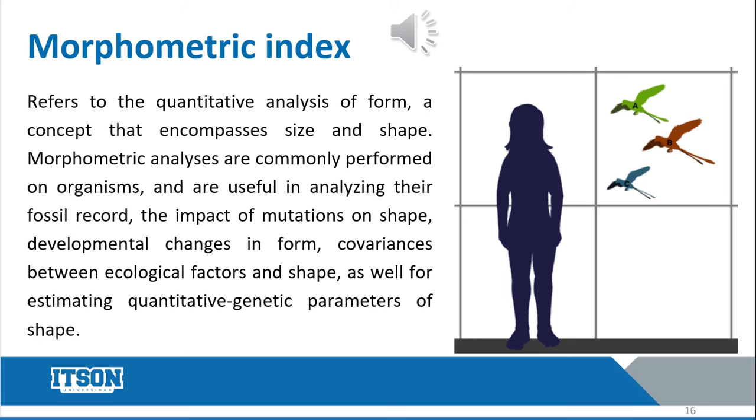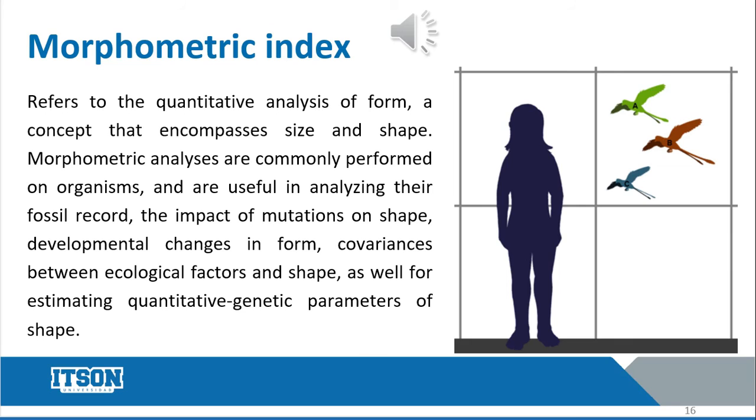Morphometric index refers to the quantitative analysis of form, a concept that encompasses size and shape. Morphometric analyses are commonly performed on organisms and are essential in analyzing their fossil records.